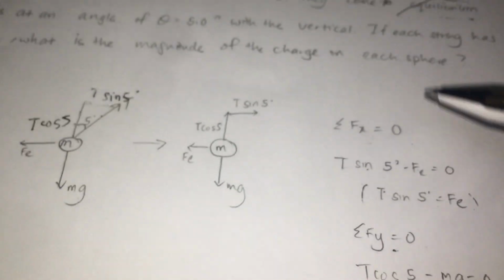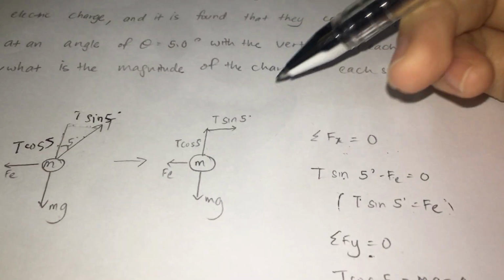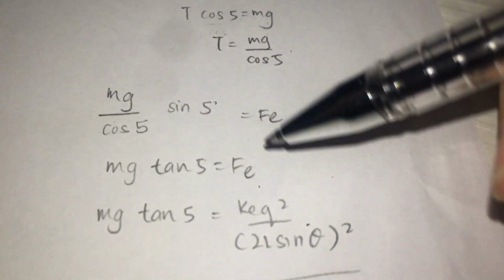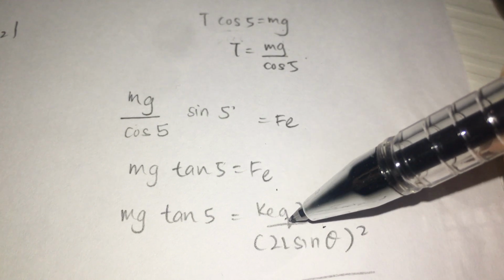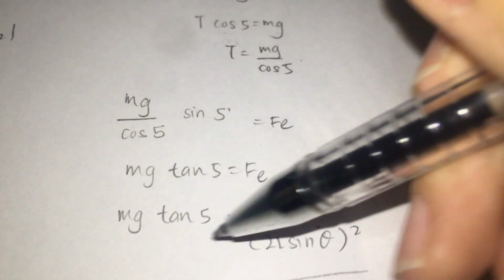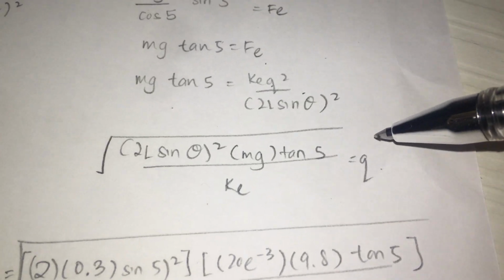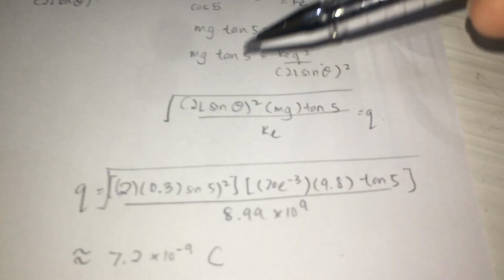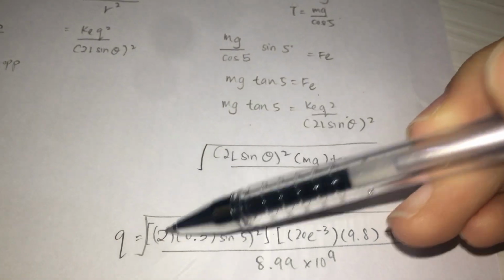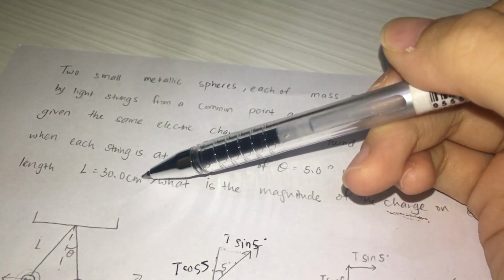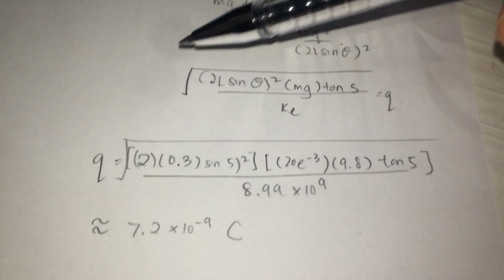And now we need to find the magnitude of the charge, which is Q, and you just need to move all of this to this side, and you'll get this equation. Now just substitute all of the information given in the question into it. 2 times 0.3 L, because here it is given in centimeters, we need it in meters.